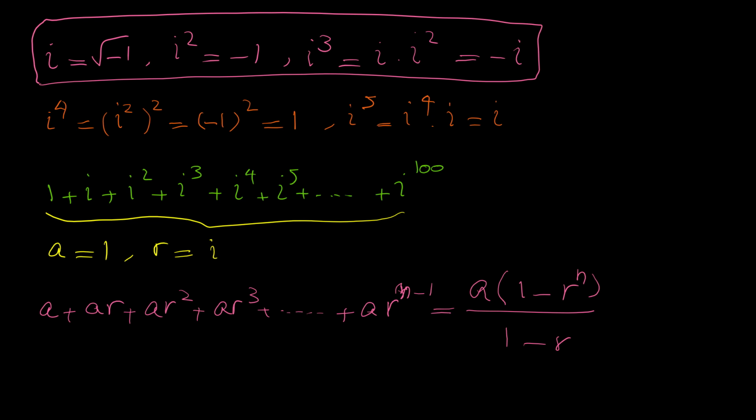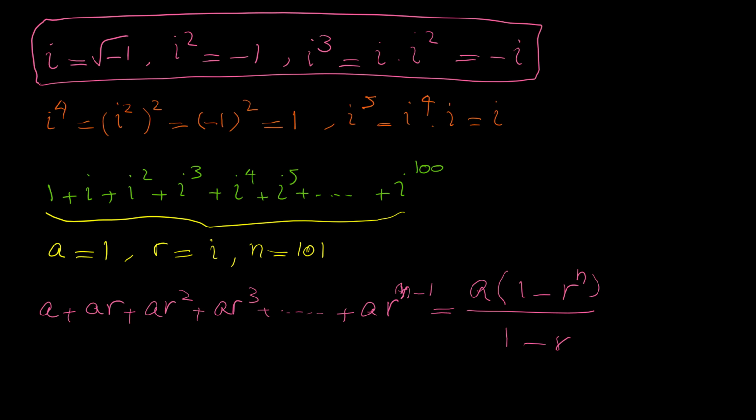So in this sum, the first term is 1. The ratio is I, and n is 101. So again, what is n? N is the number of terms in the geometric series that we want to add.